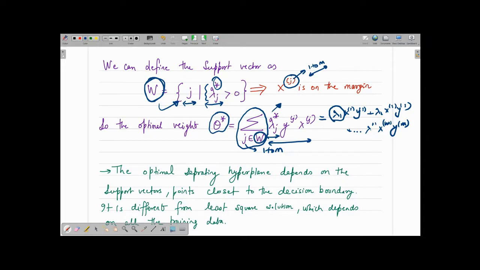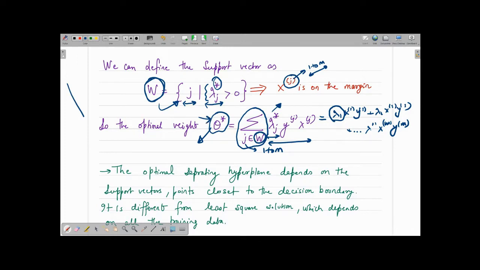So the summation reduces to only 4 or 5 values. Rather than going from 1 to 1000, you are only using 4 or 5 samples to form the decision boundary. So this theta star is the decision boundary which separates the two classes.